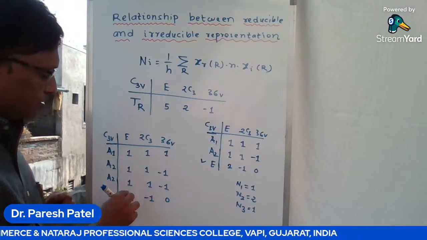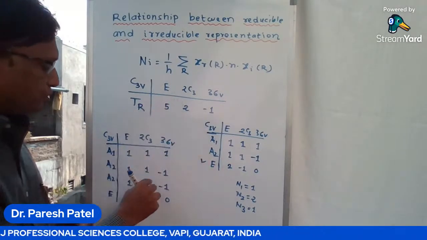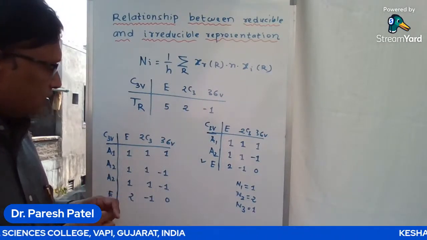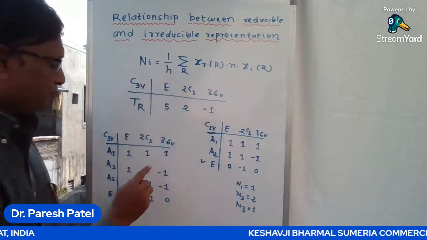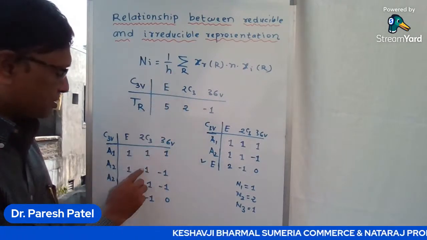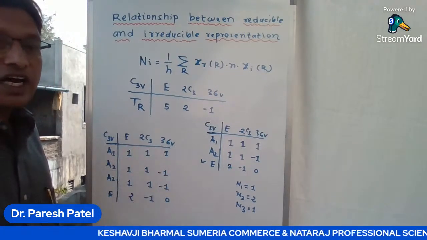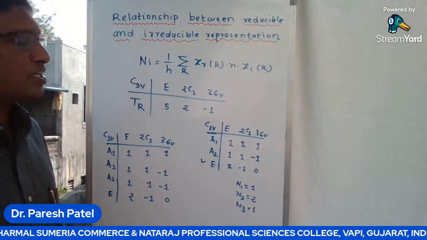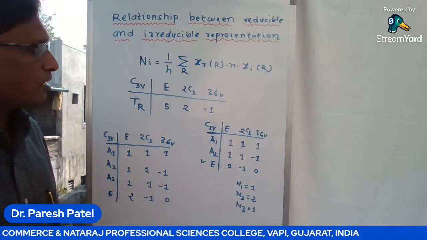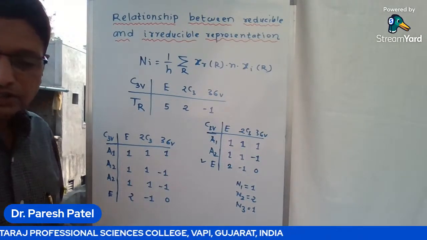So 1 plus 1 plus 1, 5. So the values are 5, 2 and minus 1. So this is the reducible representation, and with the help of this equation we can convert this reducible representation into irreducible components. So dear students, this is the first example to convert a reducible representation into irreducible components.